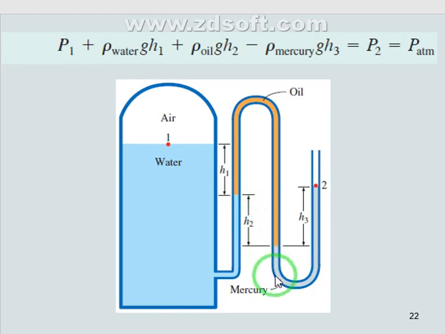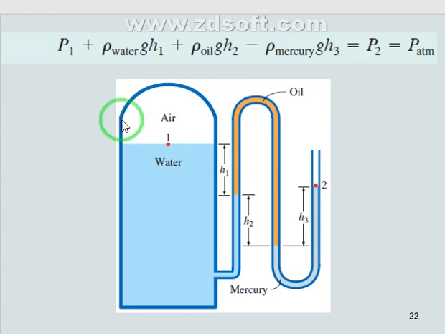Then I look at the mercury. I move with mercury. The end point here at 2 is higher than the starting point of the mercury, so I use minus here: rho mercury g h3. All this equals P2, which is atmospheric pressure.